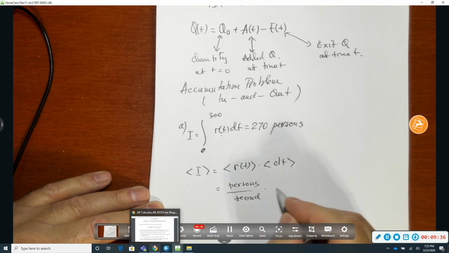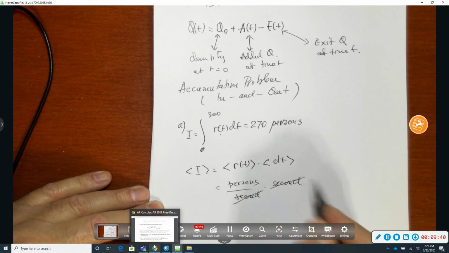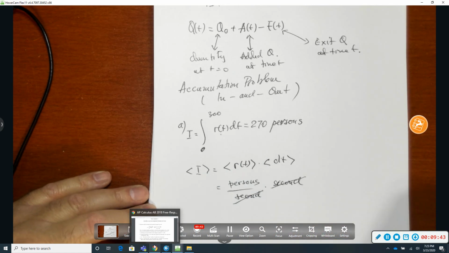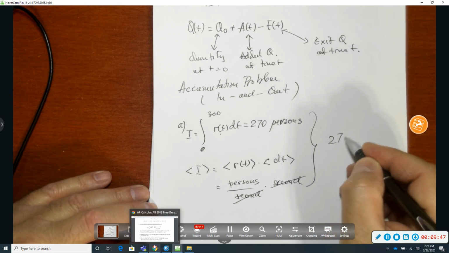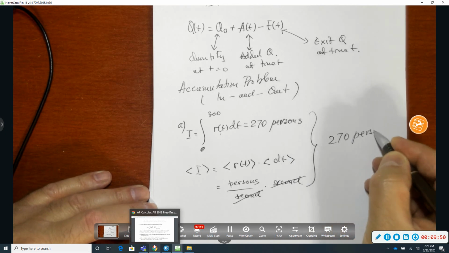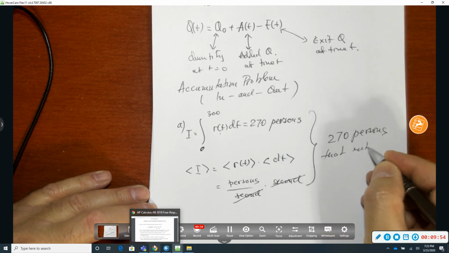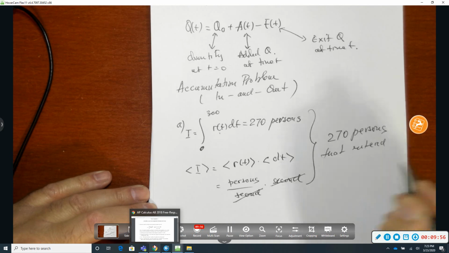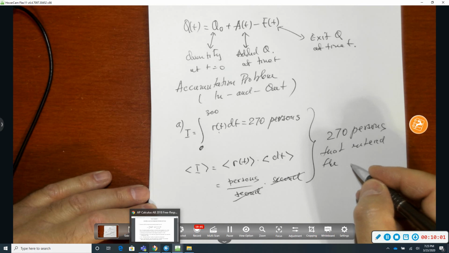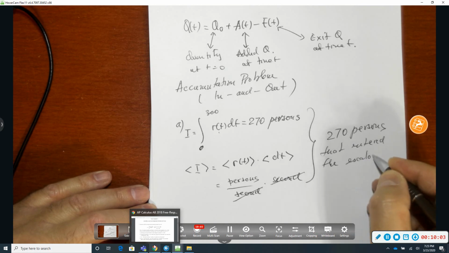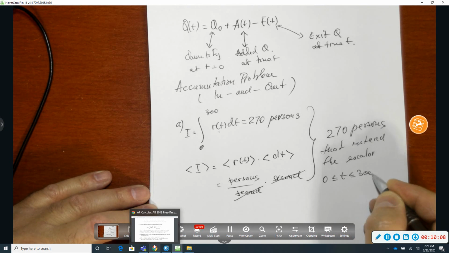So I'm writing this formally right here. As you can see, second and second can be simplified, and I end up with that integral representing 270 persons that entered the escalator in our problem, which was between time 0 and 300 seconds.